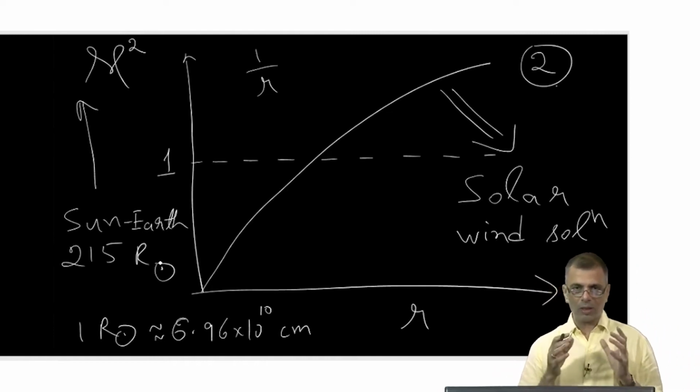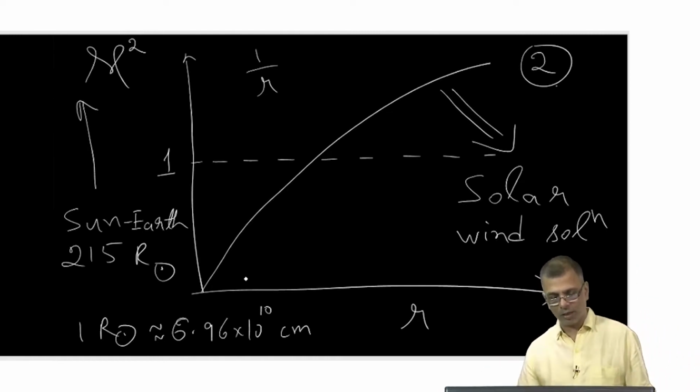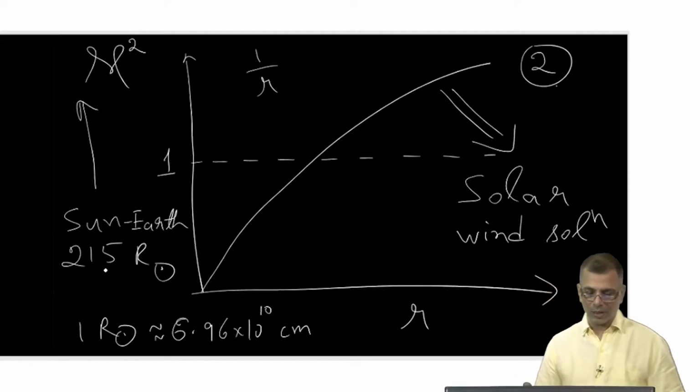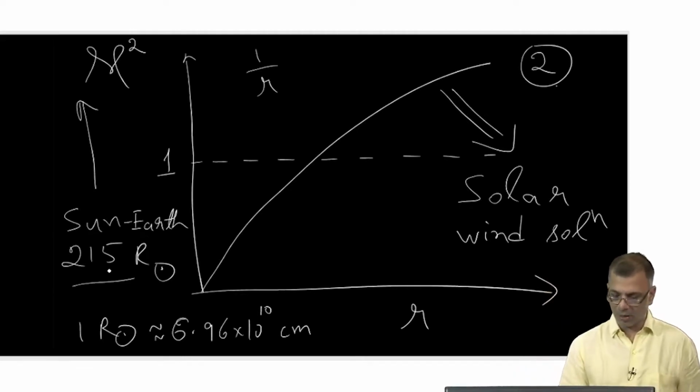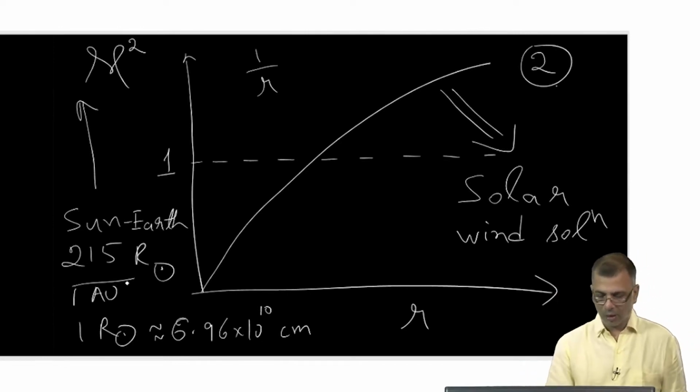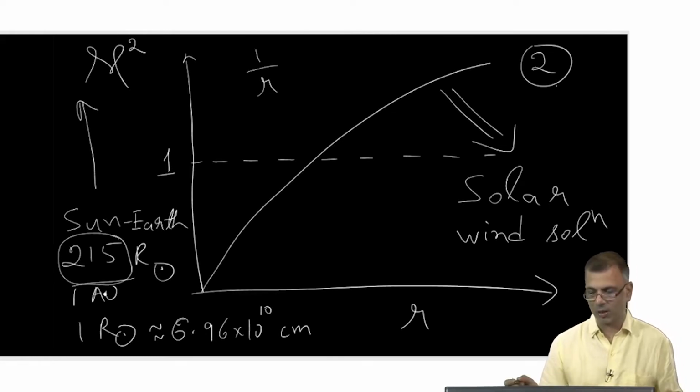Okay, so we are 215 solar radii, roughly speaking, away from the sun, and this is typically called 1 astronomical unit.